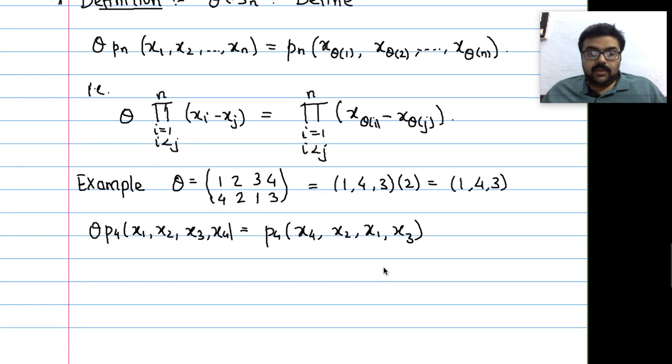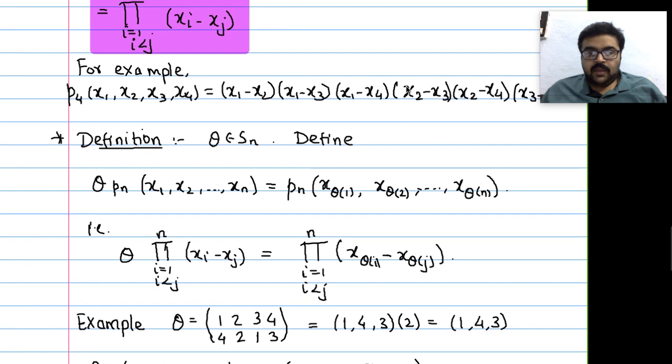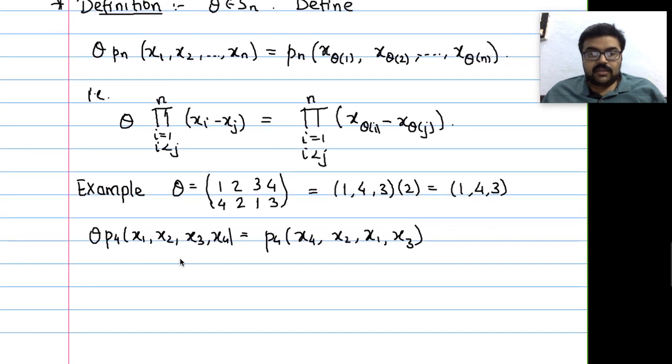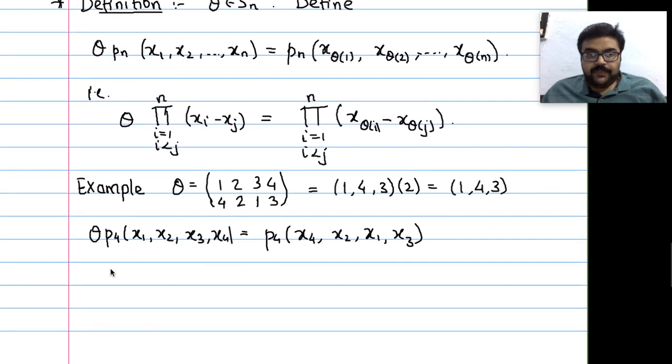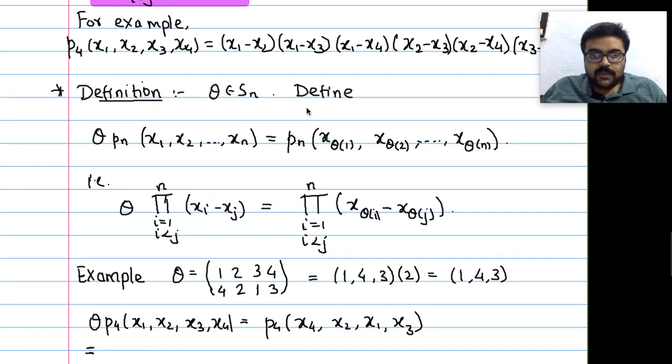So what is the polynomial going to be like? If I want to write this in terms of the definition, it will be easy to write from this.